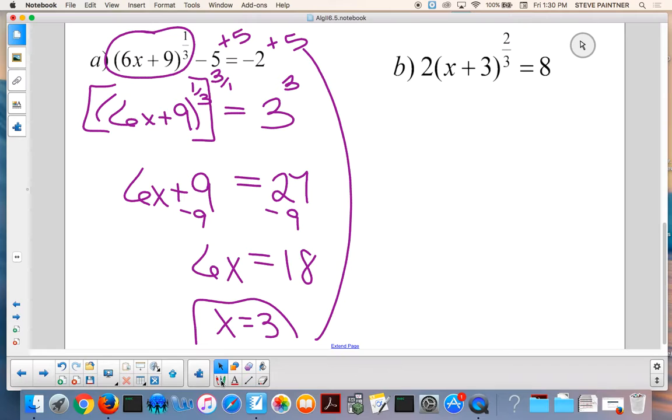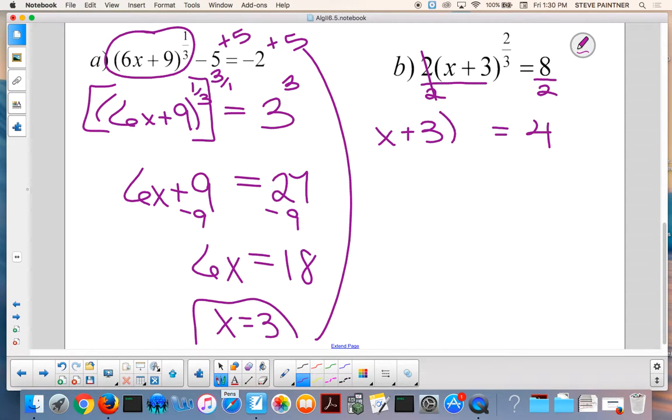Is that what you did? Okay. Knock out the 2. Get 4 equals (x plus 3) to the 2/3, right? Yeah. Okay. Now this is the cube root of this number, then square the answer. But hey, we're not going to do that.